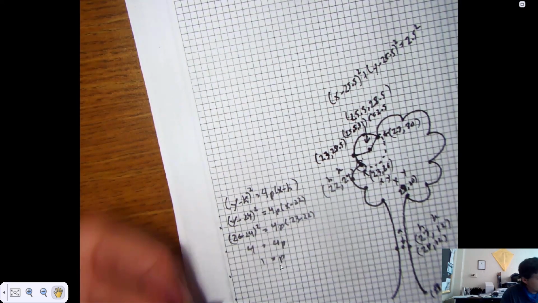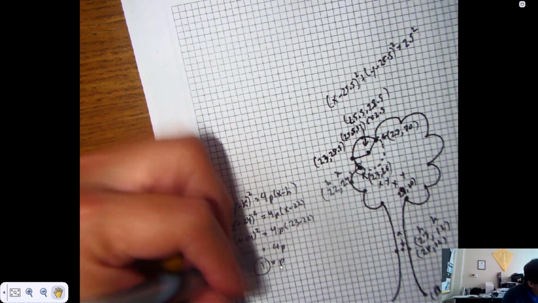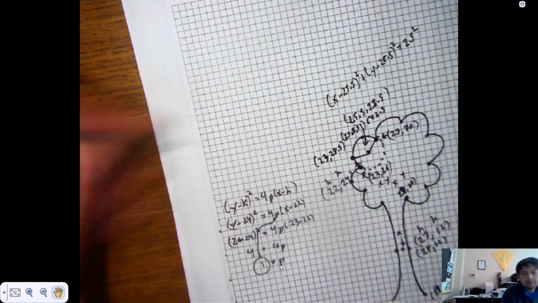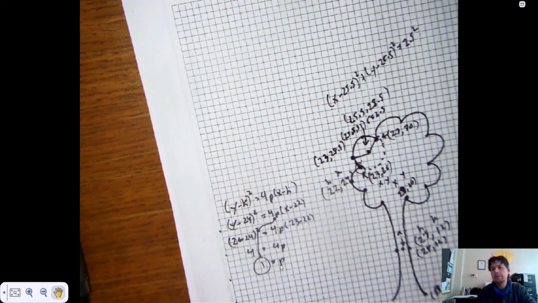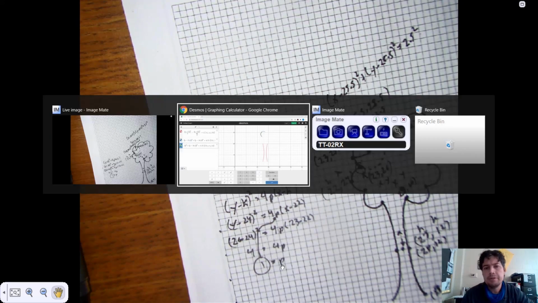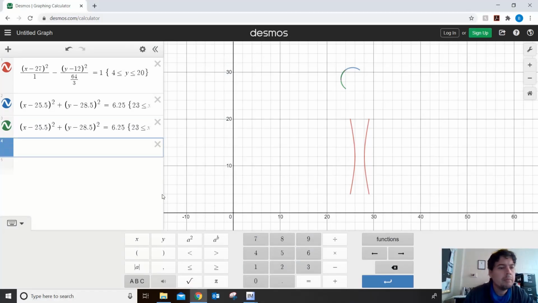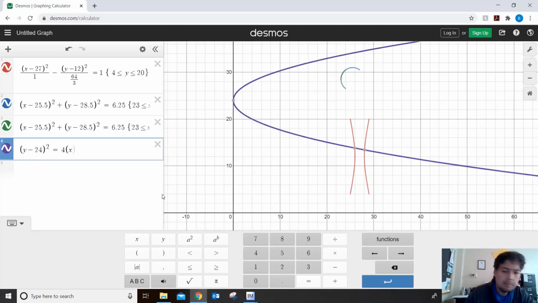So I can actually come up with an equation. When I type it in Desmos, I will take that 1 and I will stick it there. That's what I will do. And I'm going to use Desmos to help me figure out the restrictions on this one. So we have y minus 24 to the second power equal to 4 times x minus 22.